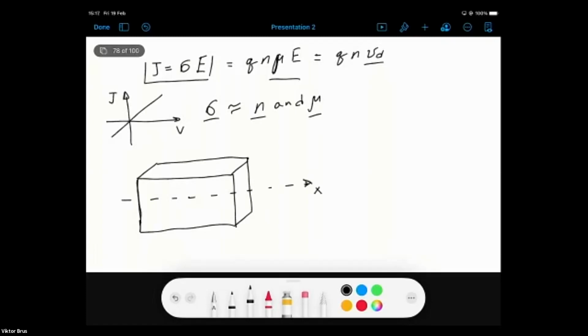Here is the x axis, here is the y axis, here we have the z axis. The magnetic field is oriented along the axis y, and you can mark it as B.